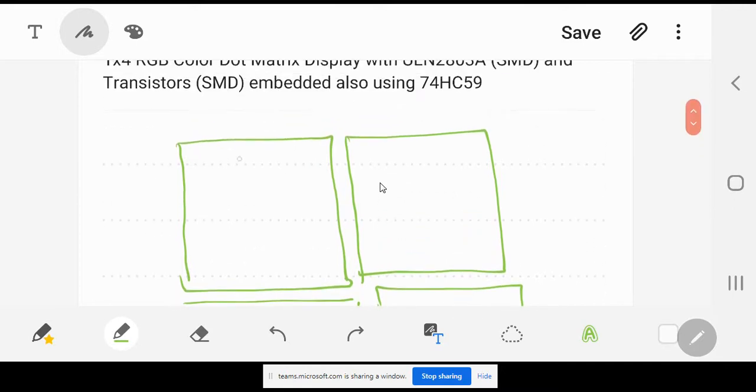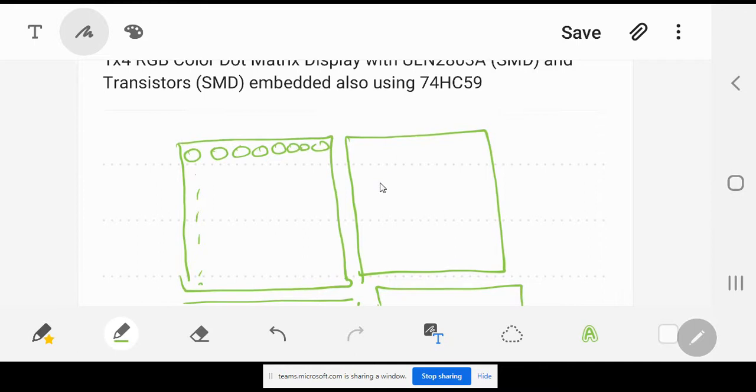Now when you have this as a dot matrix, since you all know there will be 1 2 3 4 5 6 7 8 over here, and similarly 8 over here, and the same replica in all of these 4. So what this means is that if it's a 2 cross 2, then you will be having 8 here, 8 here, and whether they are arranged row wise or column wise depends upon which dot matrix you are going to use.